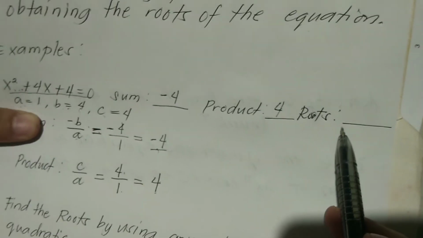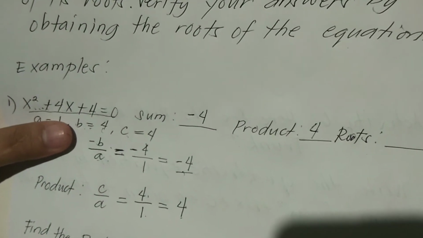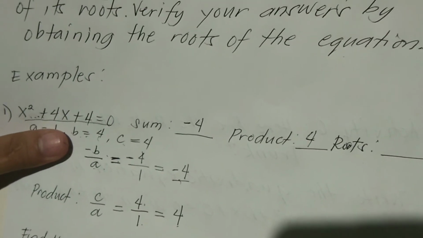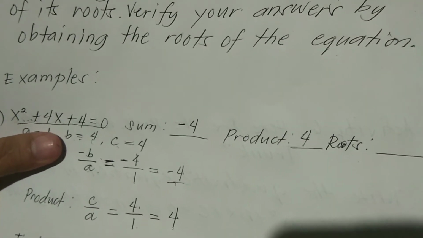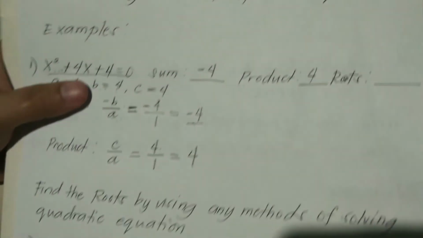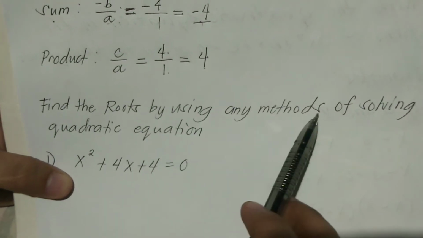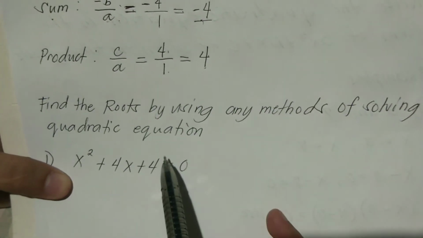So, now let's find the roots para ma-verify natin kung tama ba yung sagot natin na sum of the roots is negative 4 and the product of the roots is positive 4. Let's find the roots by using any methods of solving quadratic equation.